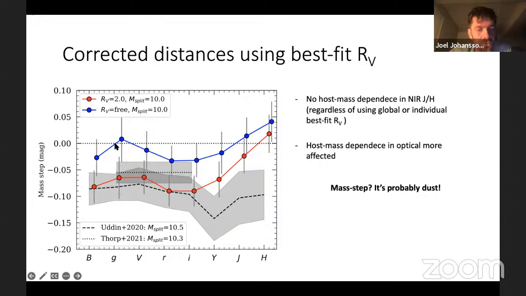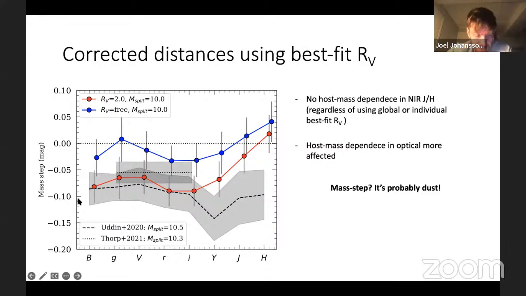So what we can then do is look at each observed wavelength, and we compute this mass step, which was the Hubble diagram residuals for low mass galaxies and high mass galaxies. What people have been seeing before are these gray shaded regions, where the corrected magnitudes differ by order 0.1 magnitudes.